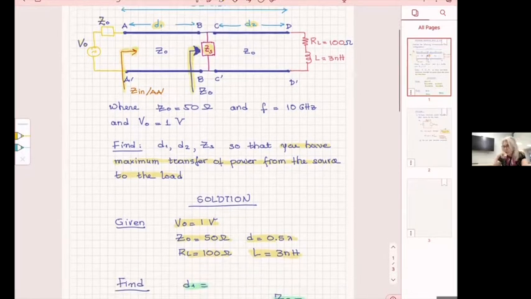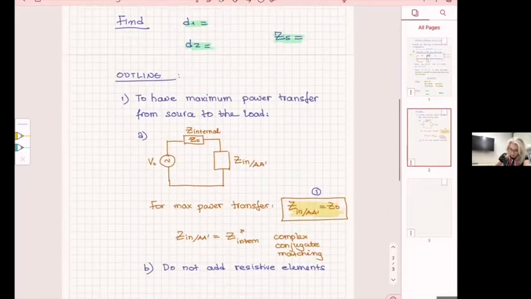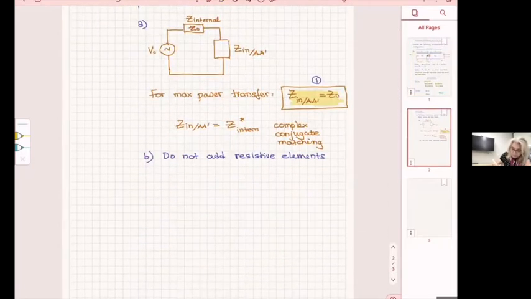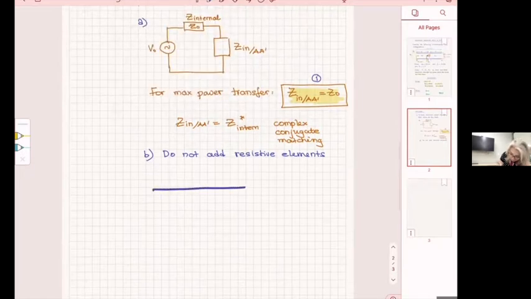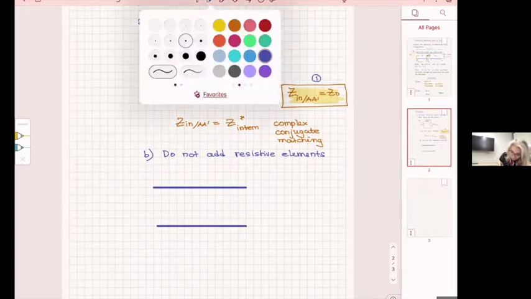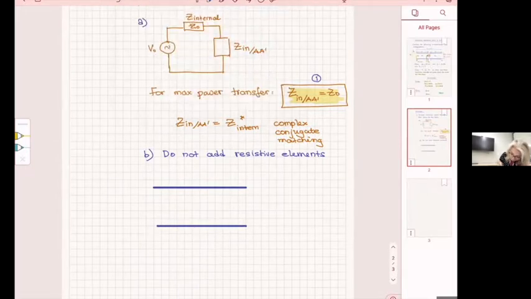When you have a transmission line here like this, and it has a characteristic impedance Z naught, is it not true that if I put Z naught here, at every point of the line I'm going to see Z naught?